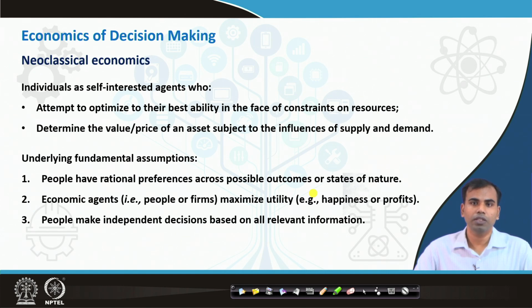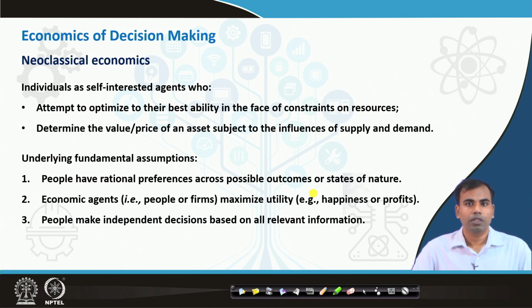The utility theory in its standard format claims that individuals try to optimize the choices and options that they have, and they want to determine the value and prices of the choices or the outcomes that they want to take.